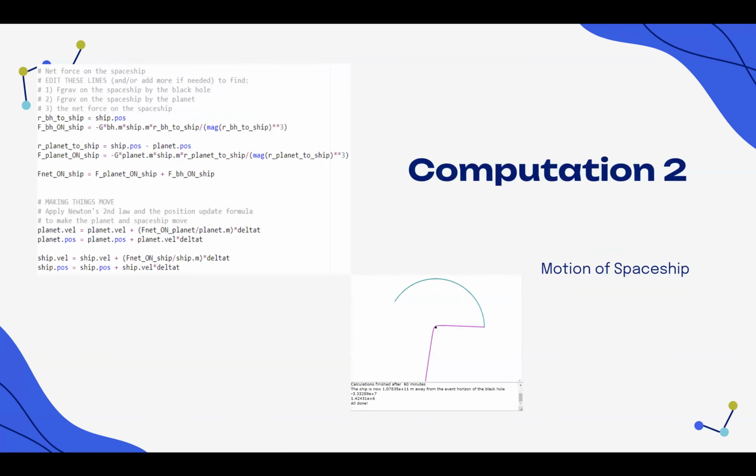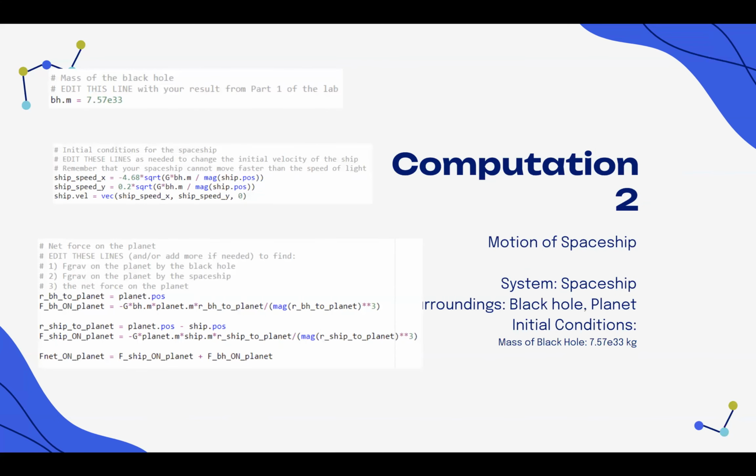And then I found the distance vectors needed for the universal gravitational force formula, and used the gravitational equation that doesn't use the r-hat vector, and that's why the magnitude is raised to the 3rd power and multiplied by the distance vector. I found the net forces on the planet and the ship.